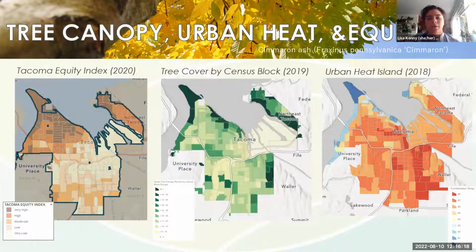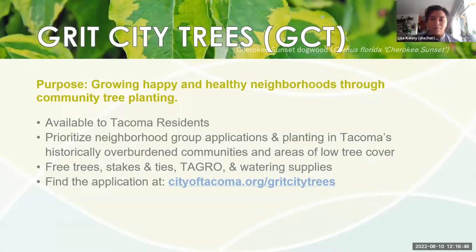This map showed that those same low opportunity census blocks that had low tree canopy cover were as much as 14 degrees hotter than areas with more tree canopy cover. Essentially, I'm just painting this picture that this presents very significant health impacts if we continue to develop this urban forest unevenly, right? So what are we going to do about it?